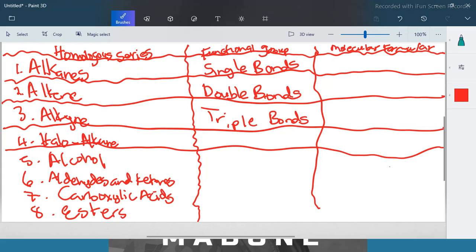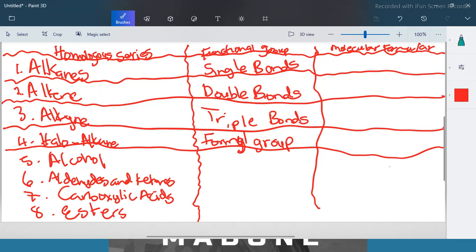Now what they're saying to us is that it's a haloalkane, which means it's an alkane, which means it has single bonds, but now it has a halogen. So we are not going to say it is a single bond, but we're going to say it is a formyl group. From here, we're going to work with groups, okay?